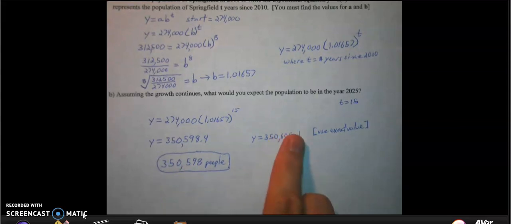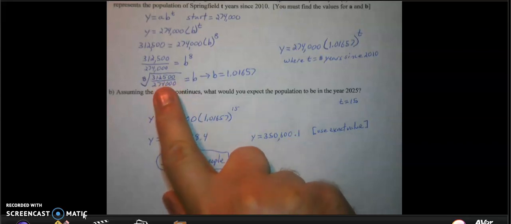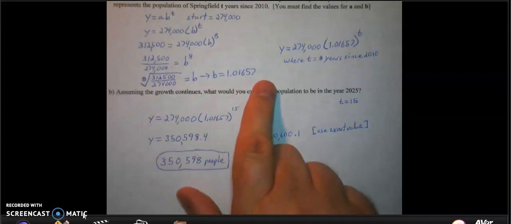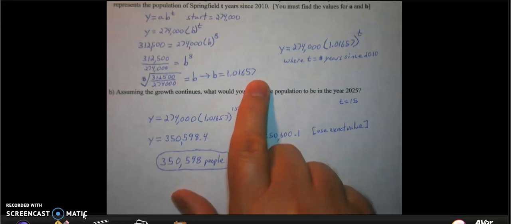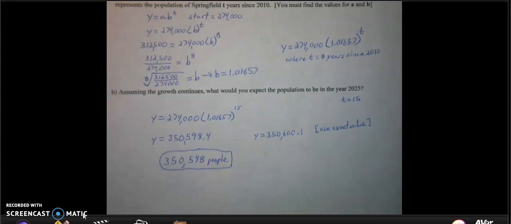If you use the exact value, so if when you did this 8th root, or raise it to the 1/8 exponent in your calculator, there are a few more decimal places here. If you use that, you end up with 350,600 people. So you end up with 2 more people because of the rounding.